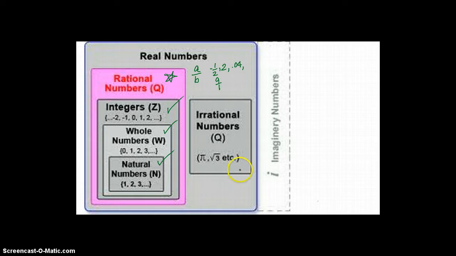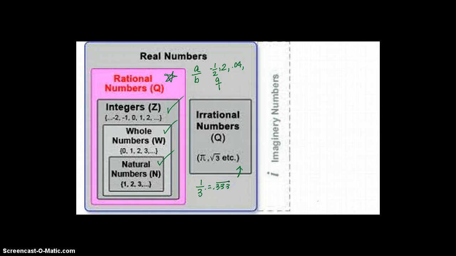This category right here is irrational numbers. I like to think of irrational numbers like talking to an irrational person. They go on and on and on forever without repeating and without terminating. So if I look at 1/3 and I put that into my calculator, I'm going to get 0.333. That will go on for quite some time.